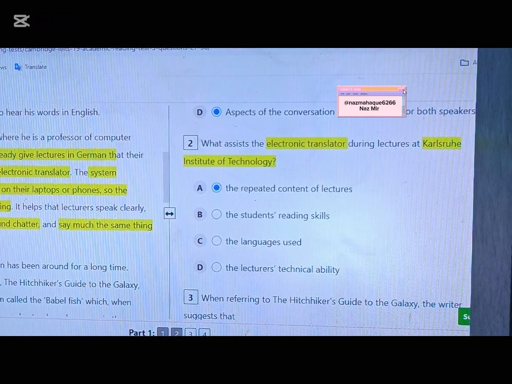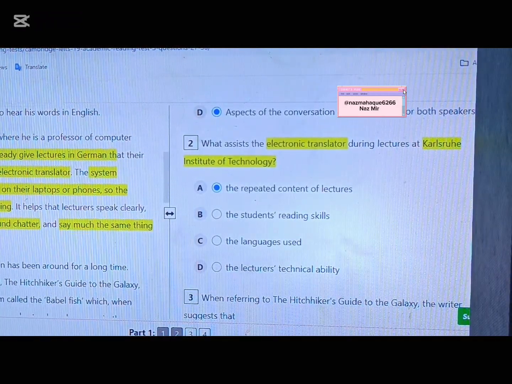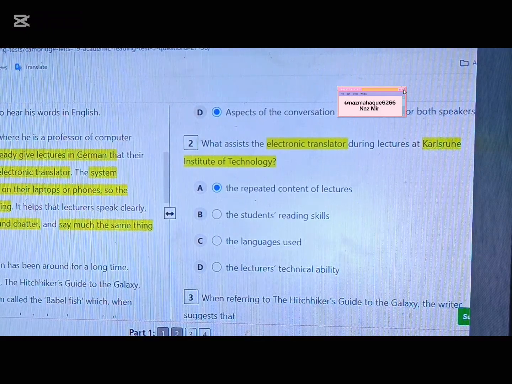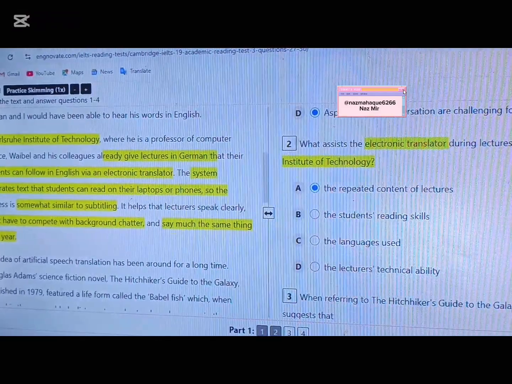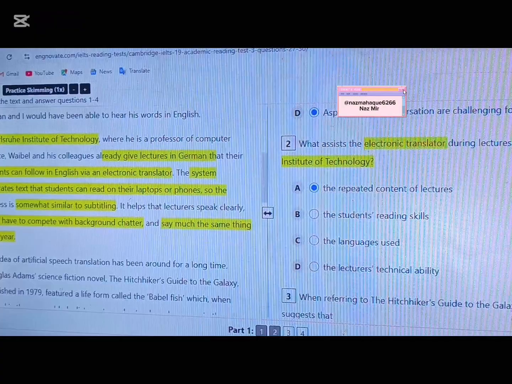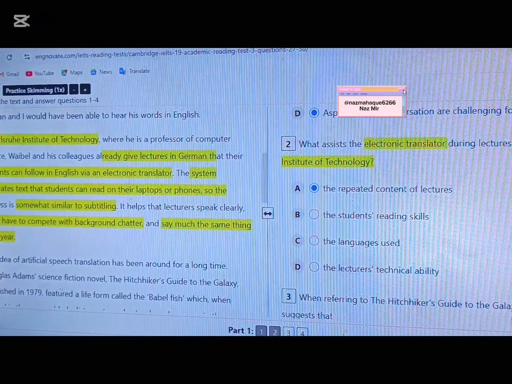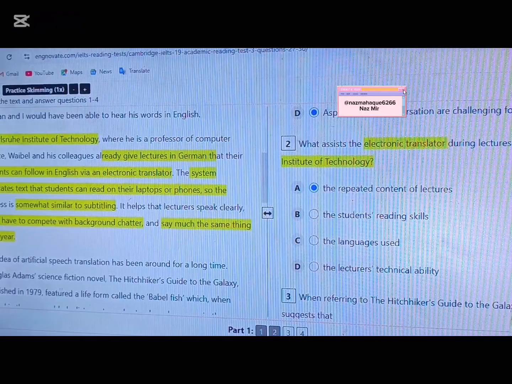Okay, so yes, it can be somewhat misguiding when they're talking about students' reading skills. But as you can see in the main passage, it has been said that students can read on their laptops or phones. Yes, it has been said something about the students' reading skills, but that's not our main purpose.